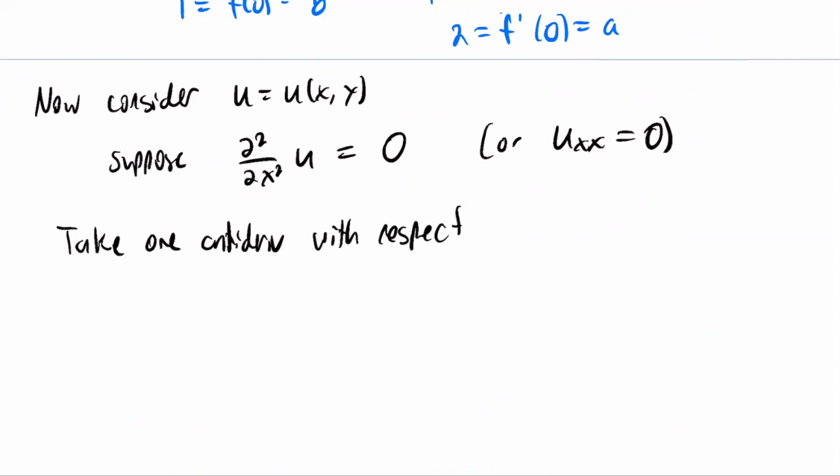So you have to really specify, well, which variable are we taking the antiderivative with respect to? So we're taking antiderivative with respect to x. Well, then on the left-hand side, taking antiderivative will reverse a differentiation operation. So we're just going to have d dx of u.